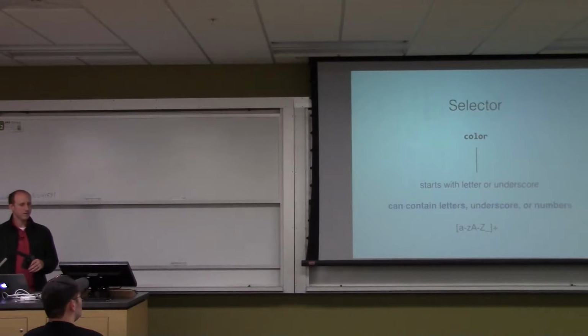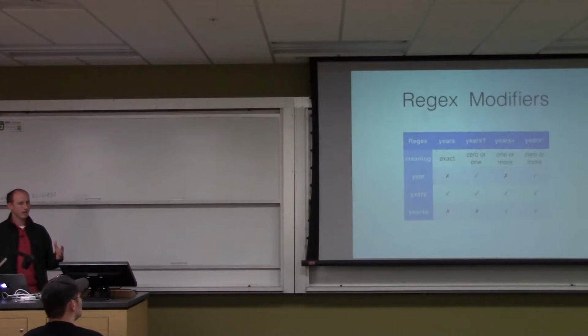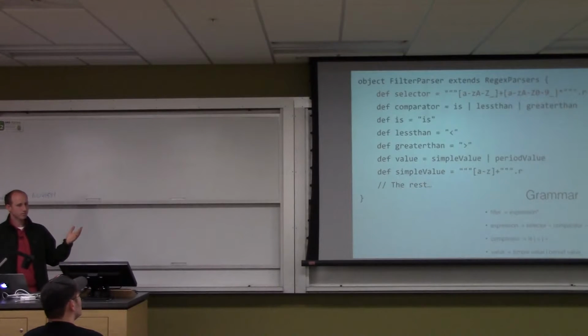Then it can be followed by any number of letters, underscore, or numbers, but it doesn't have to. So that means we can have zero or more, which is the asterisk operator. That's how we build out the selector. Once it's all together, it can look confusing, but it's helpful to break it up into parts to understand where that comes from.